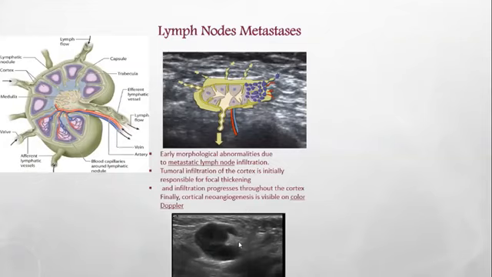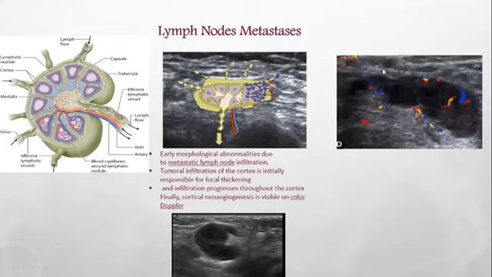Look here, this lymph node is not much bigger, but there is irregular cortical thickening, expanding and compressing the hilum in a case of malignancy. This is an irregular cortex, and here definitely this is peripheral cortical vascularity, new vascularity.